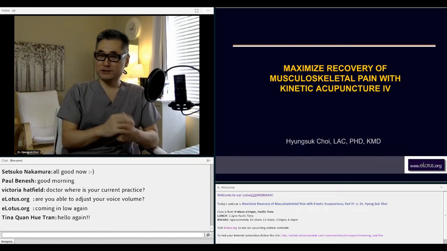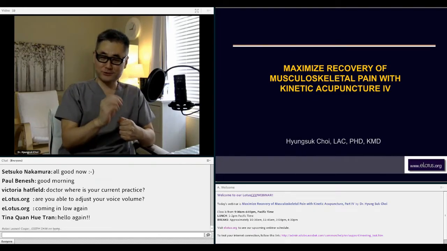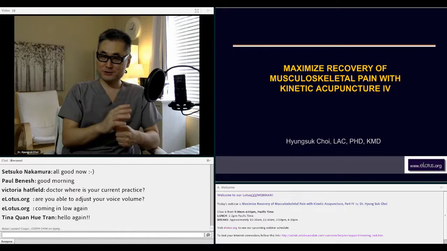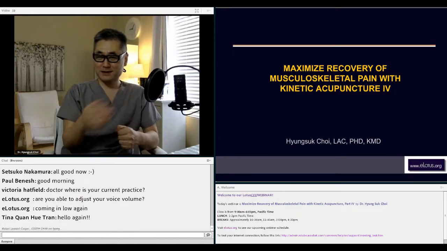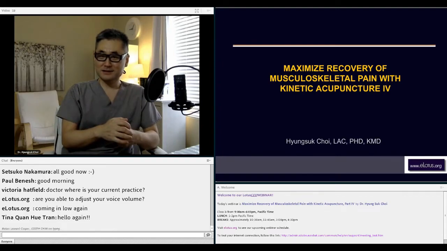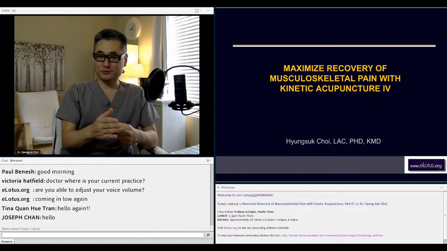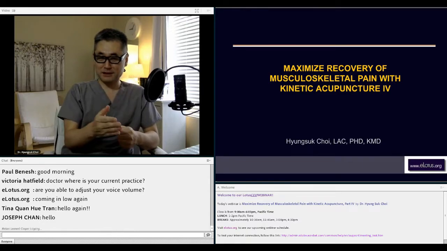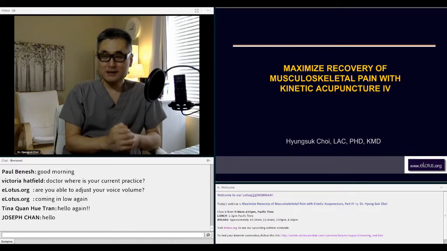So I strongly encourage you to try this method: acupuncture based on 5 principles, channels, and pattern diagnosis, and related muscles and joints, and try to do appropriate movement. Oscillation to increase the blood supply, stretching to loosen tight muscle, and strengthening weakened muscles.